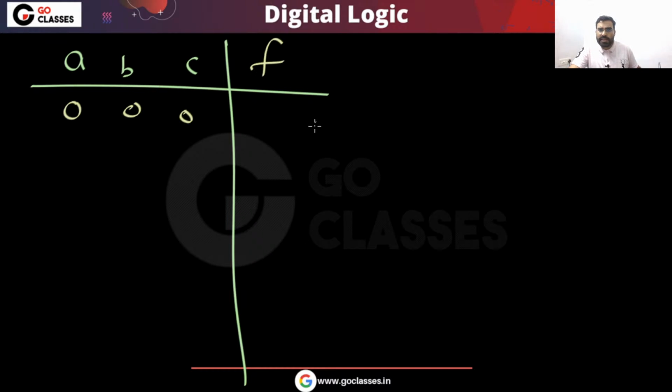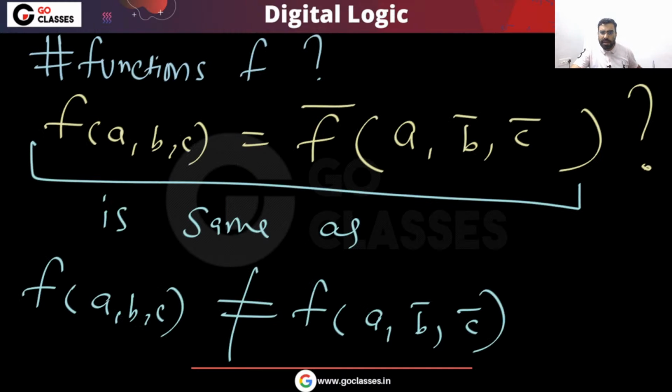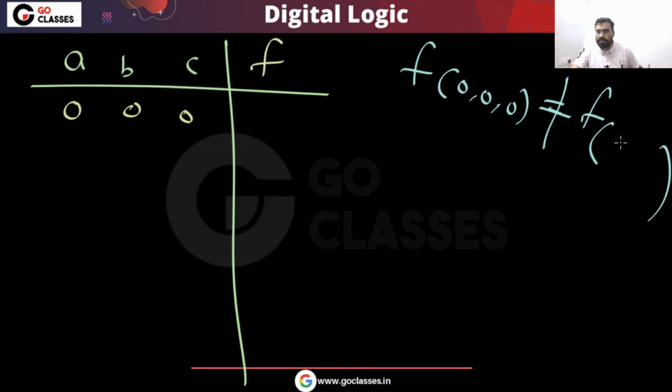So the question is saying that f(000) should not be the same as f(011). These two must be different. If this is x, this should be x complement.